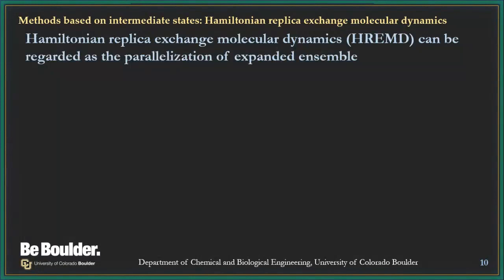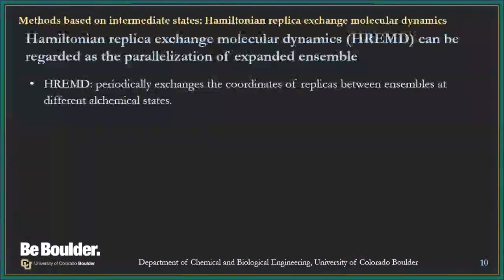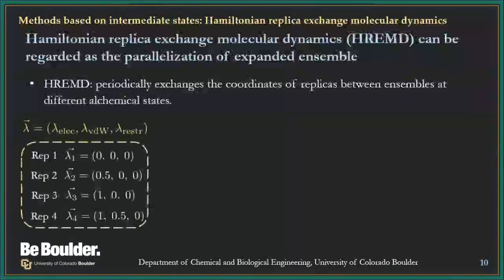That is, instead of having only one single simulation sampling different intermediate states serially as in expanded ensemble, in Hamiltonian replica exchange there are multiple simulations running in parallel and exchanging Hamiltonians with each other. As an example, say that now we have 4 replicas starting from different alchemical states.